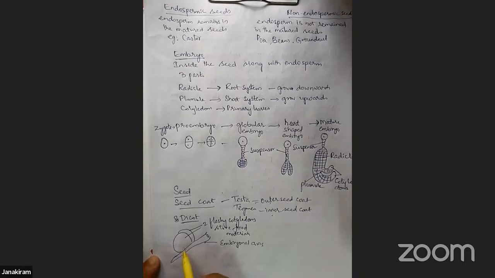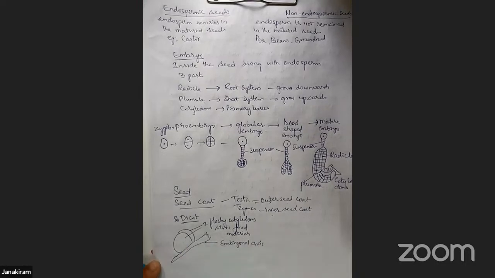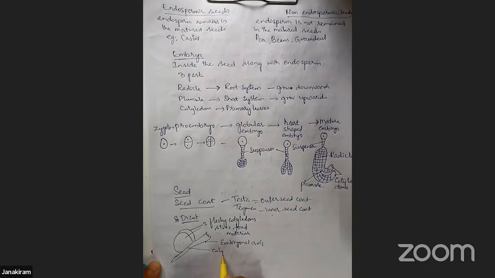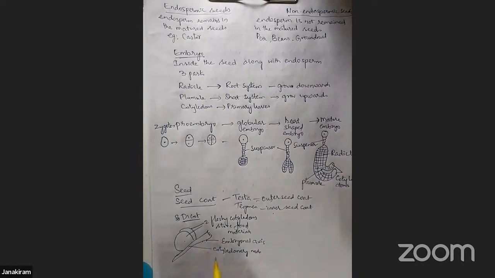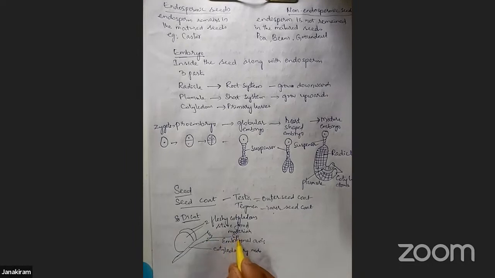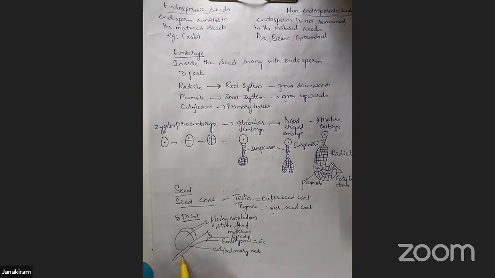The point where the cotyledon is attached to the embryonal axis is called the cotyledonary node. The part of the embryonal axis above the cotyledonary node is called the epicotyl, and the part below the cotyledonary node is called the hypocotyl.